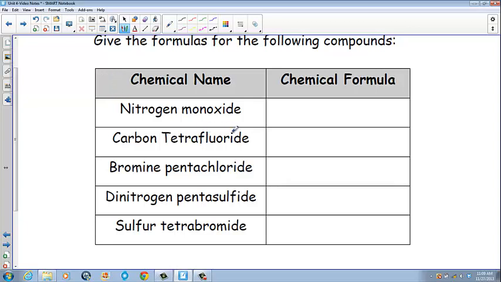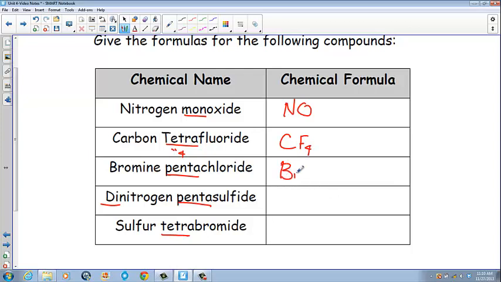So nitrogen monoxide. Here we have to say to ourselves, all right, all we need to do is look at the prefixes to tell us how many of each. We don't need to look at charges. We don't need to do anything. Okay, so here it says nitrogen, so we know there's only going to be 1. It says monoxide, 1 oxygen, so NO. Carbon, first nonmetal. Tetra is equal to 4, so this is going to be CF4.